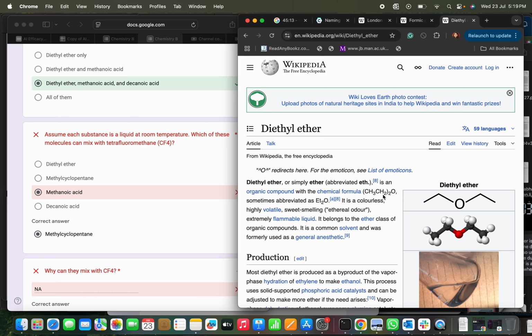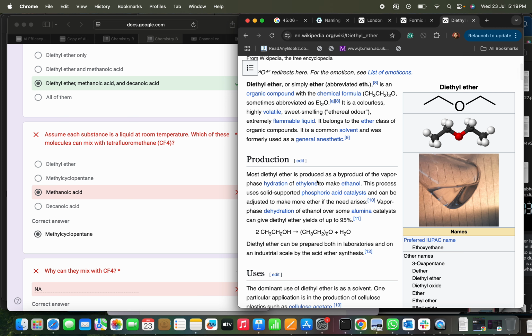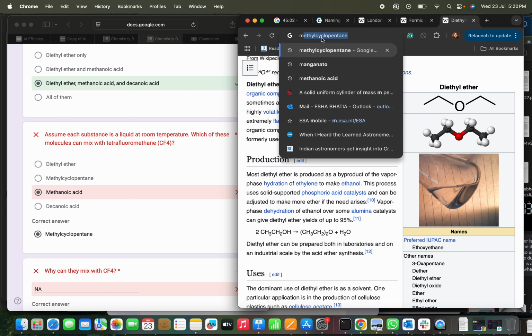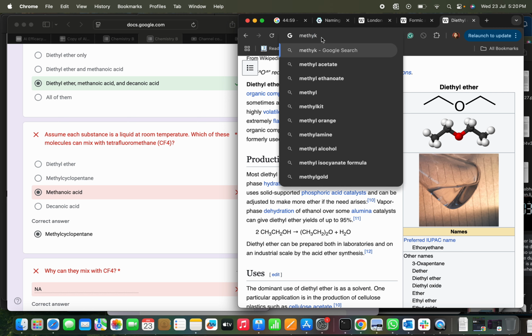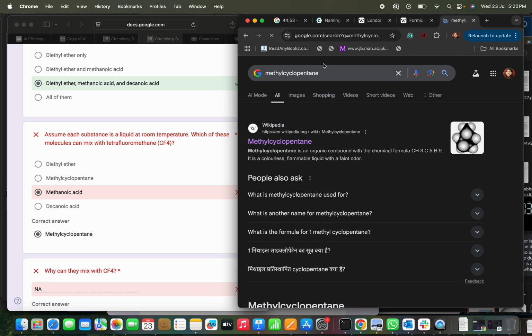Okay, so it's a sweet smelling flammable liquid. Ethylcyclopentane is completely formed with CH3C5H9. So this is one. The London force is one, and decanoic acid.